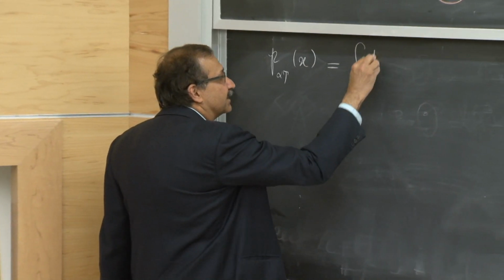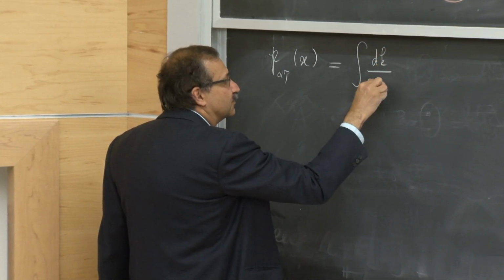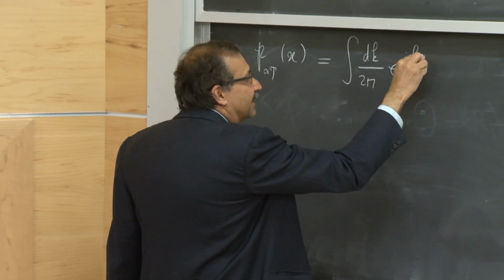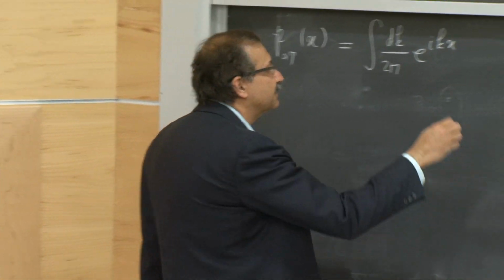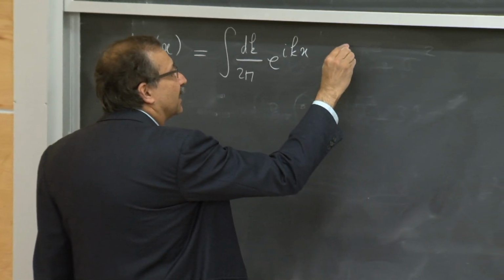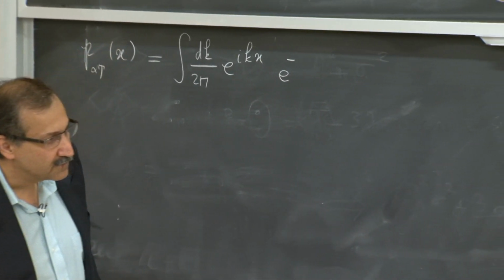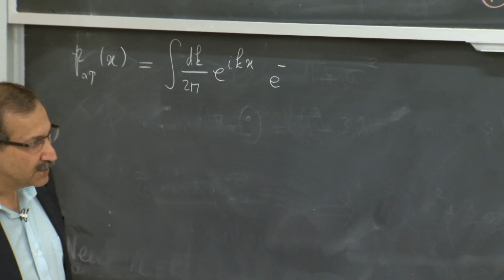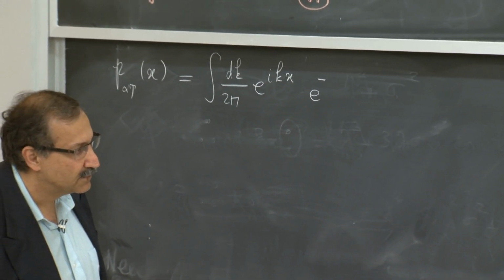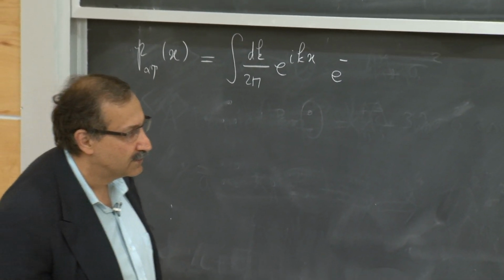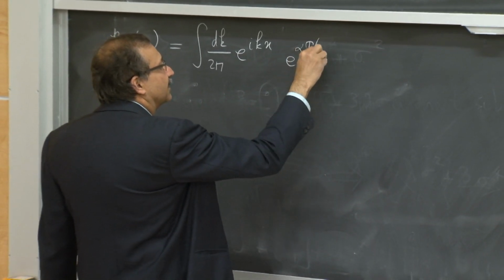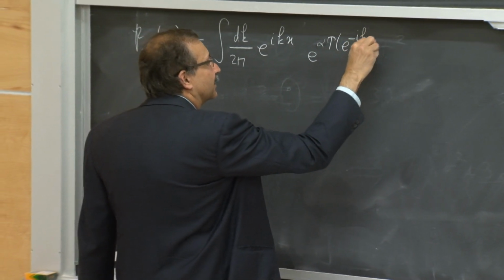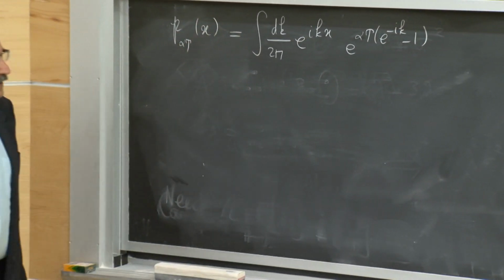So I have to do an integral dk over 2 pi, e to the ikx times the characteristic function. And the characteristic function is e to the alpha t (e to the minus ik minus 1). Okay?